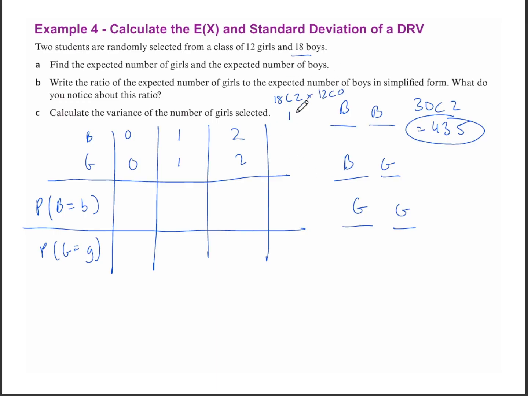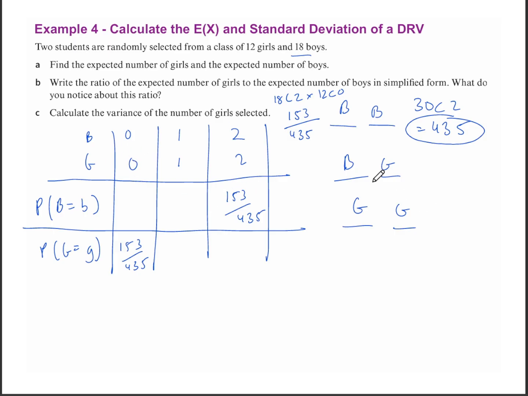This gives us 153 possible selections that can have both boys. Then we divide it by the total selections, 435, to get our probability of getting 2 boys. So this is going to be 153 over 435. This is going to be the same, 153 over 435, because selecting 0 girls is the same as selecting 2 boys.